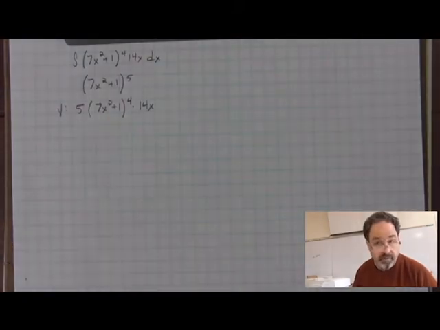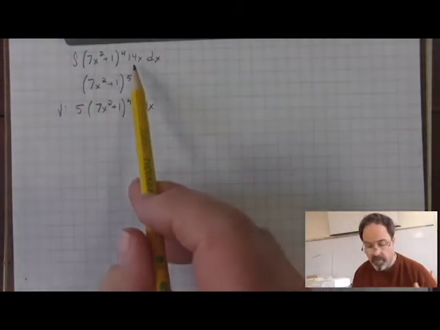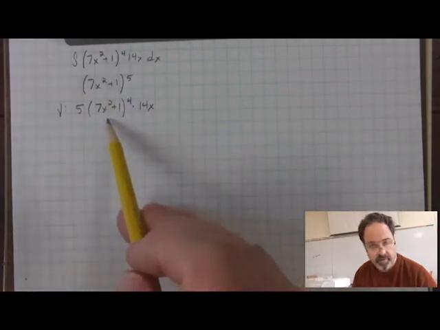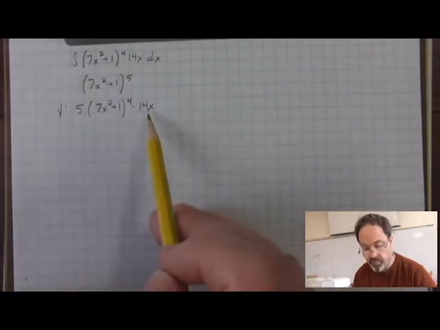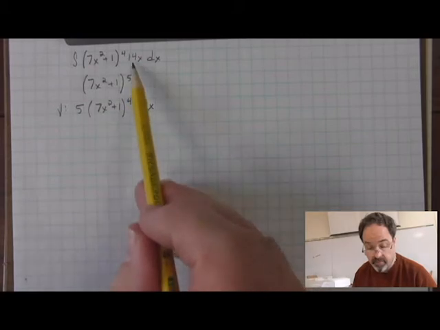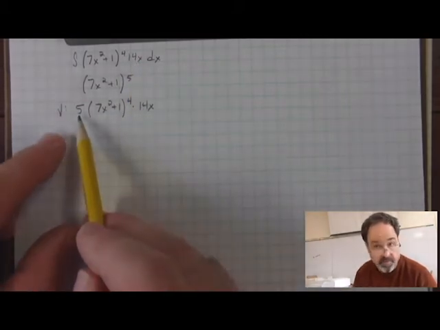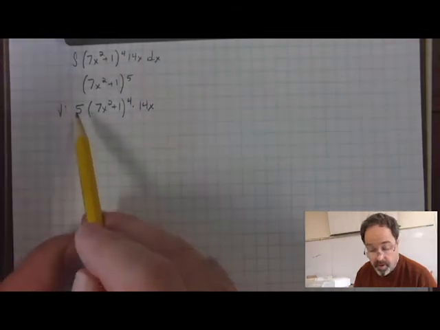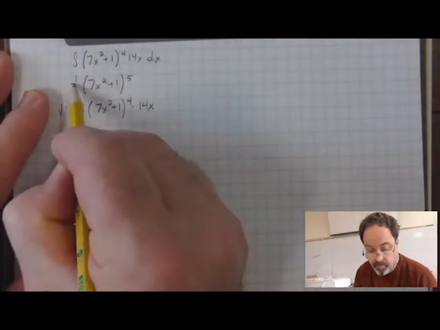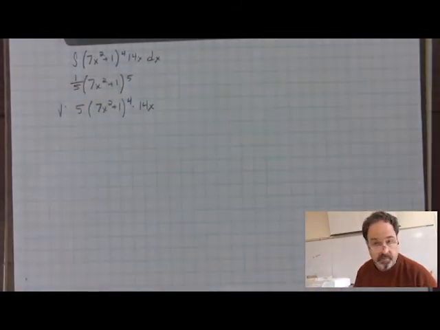So my strategy of guessing was informed by knowing that when I would check, I would produce the 14x outside that I saw initially. But there is an extra 5, so I can modify my guess by multiplying by the constant 1/5.